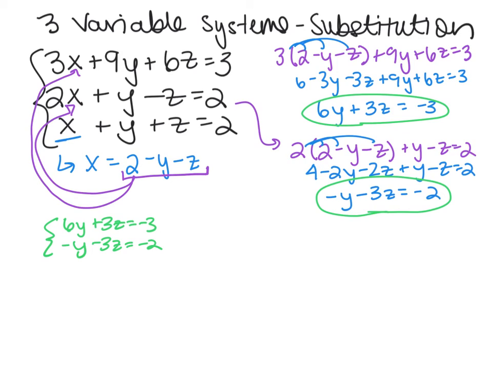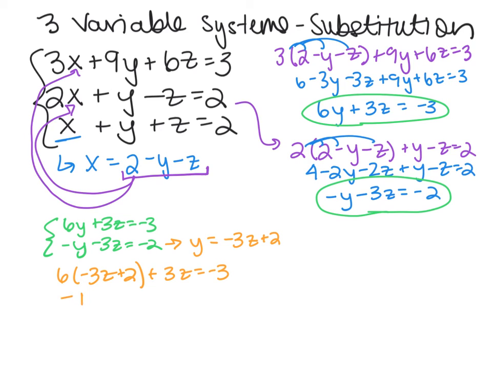So in this one, again, to keep consistent, I'm going to use substitution. Really, elimination would be easier here. But if we wanted to do substitution, this is the easy one to solve for y. And we get y equals, if we add y, add 2, negative 3z plus 2. Plug that in the other equation. 6 times (negative 3z plus 2) plus 3z equals negative 3.